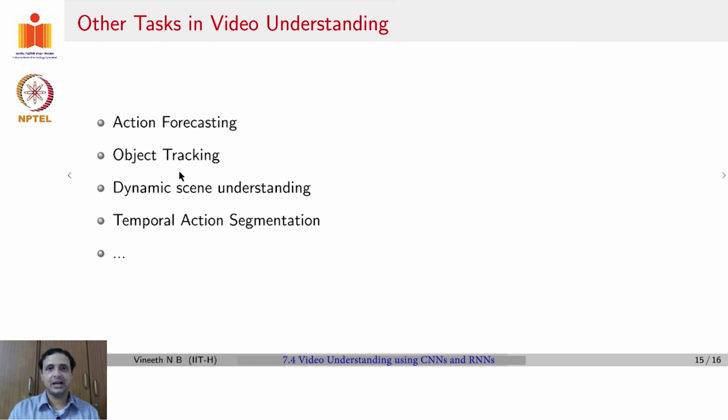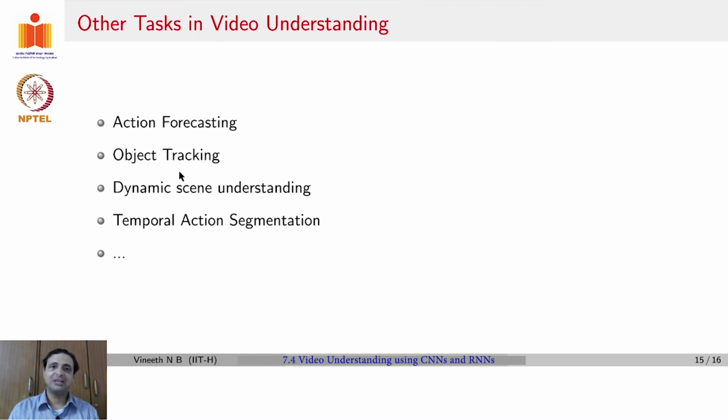Dynamic scene understanding. So far, we have seen methods that given a scene can classify the scene into outdoor or indoor, say morning or night, urban or rural, so on and so forth, using image level classification methods. We know a CNN, we know a cross entropy loss, given data, we can learn a scene classification model.